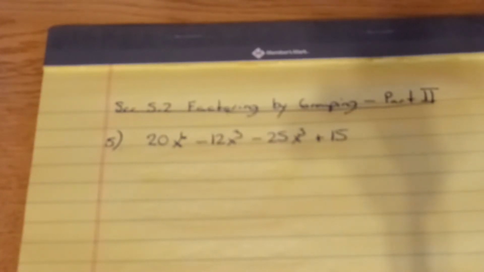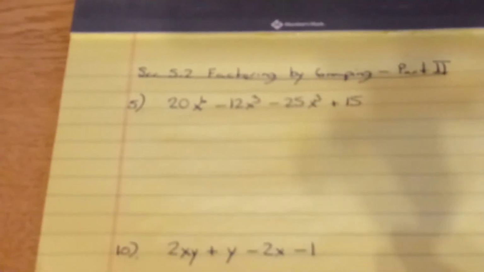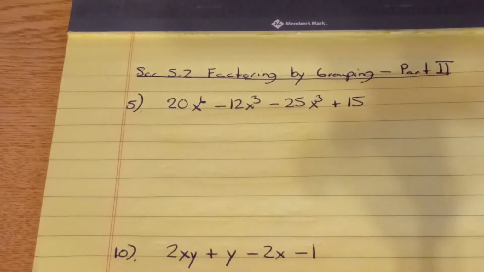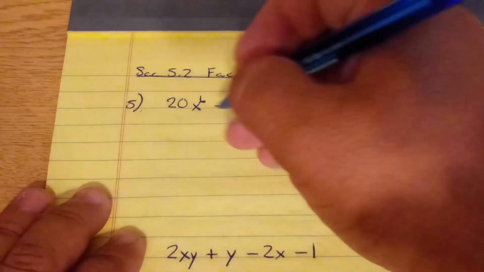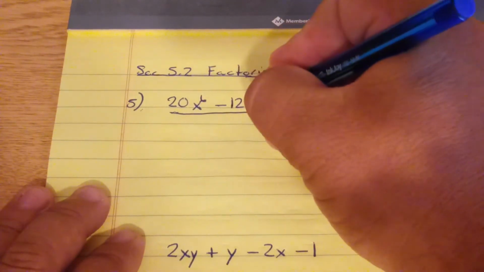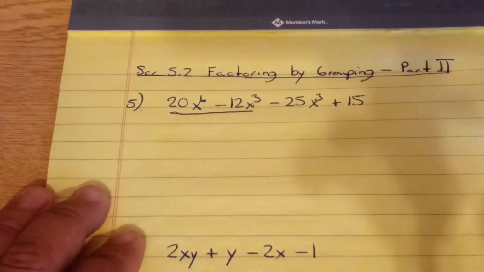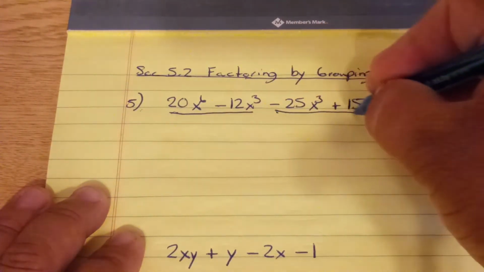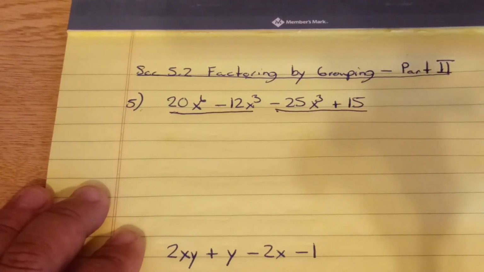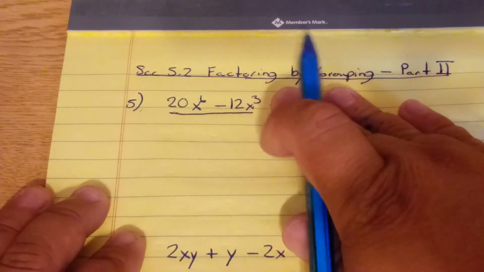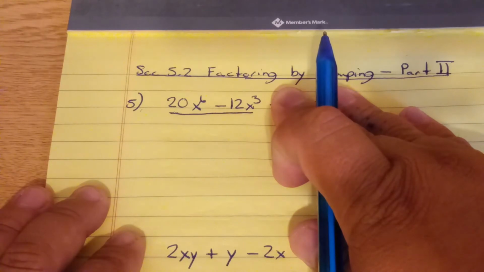So we're going to take a look at the first pair, these two, and then we're going to pair off the last two. You have 20 and 12.